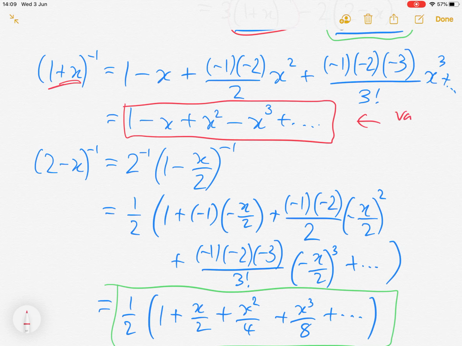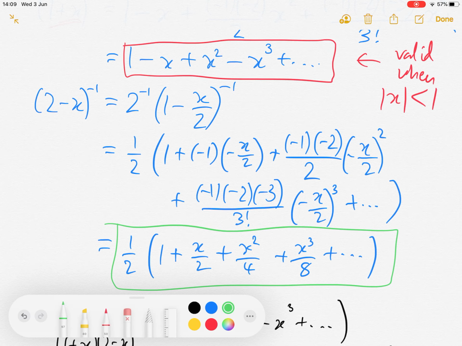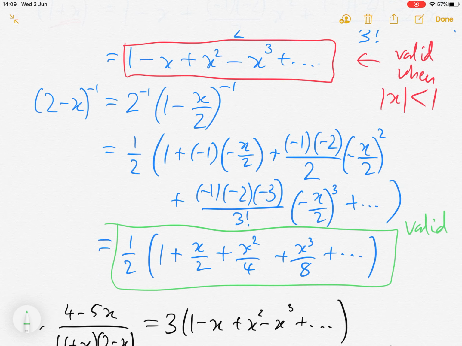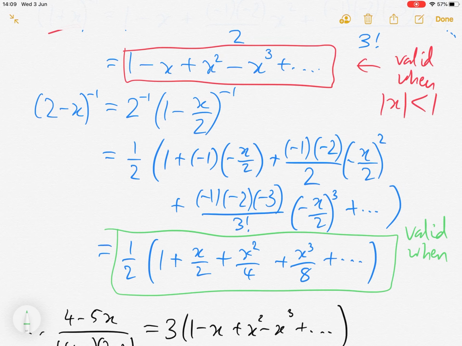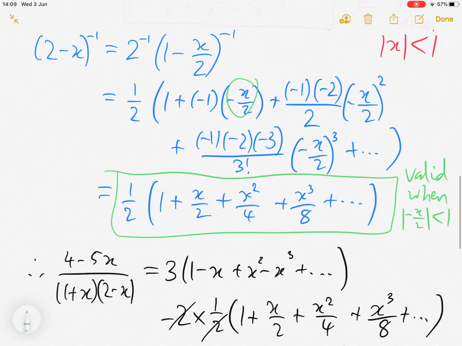So this is valid when the modulus of x is less than 1. And the one in the green box is valid when, well, we used minus x over 2 in place of x everywhere. So it's valid when the modulus of minus x over 2 is less than 1, which is the same as when the modulus of x is less than 2.